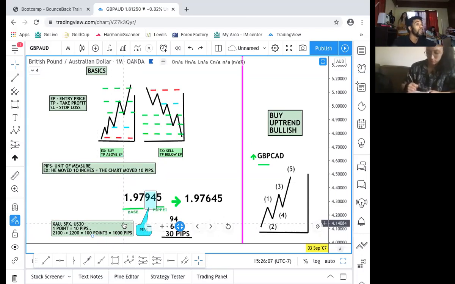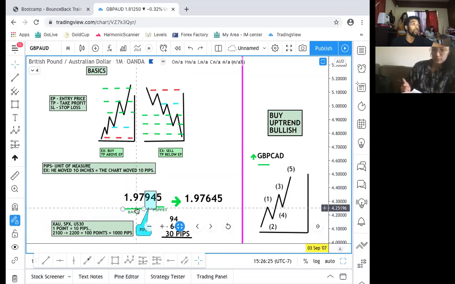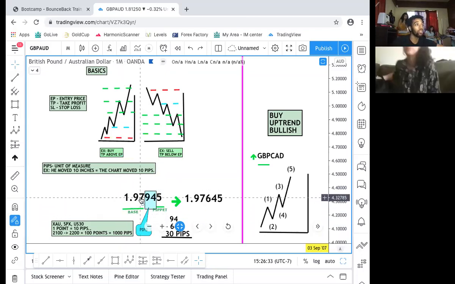Now let's look at our normal pairs. Let's say this is EUR/USD, GBP/AUD, whatever it is. We have our full number, but we're going to break our number up. The first part of our number, the first 3 digits, is called our base. That's typically not going to change too much.